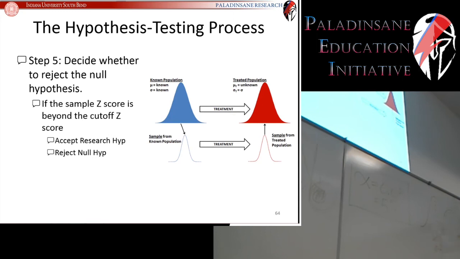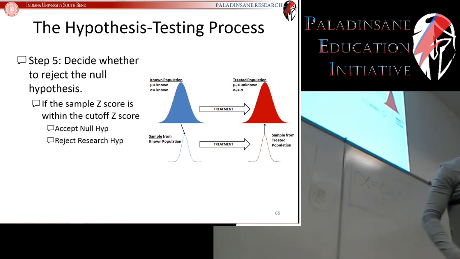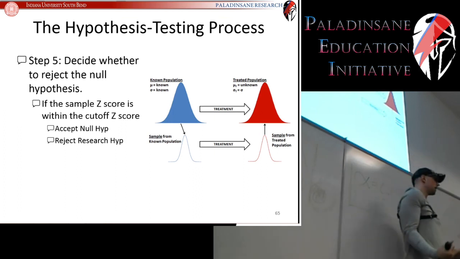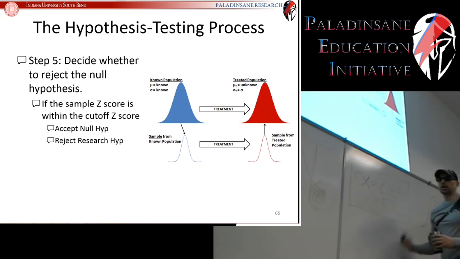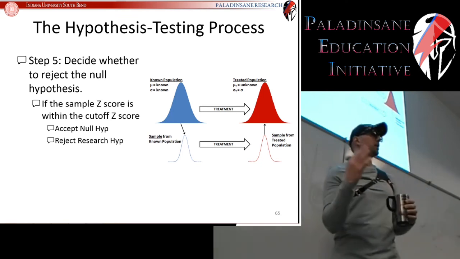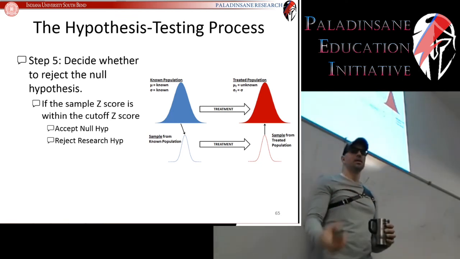Is the sample score beyond the cutoff Z-score? Nope. So we're not going to do this. So what do we do? If the sample score is within the cutoff Z-score, yep. Oh, okay, I accept the null hypothesis, and I reject the research hypothesis. Make sure you're giving yourself that little extra safety net until it becomes automatic, because again, we're dealing with double, triple negatives sometimes here. It can get a little confusing.